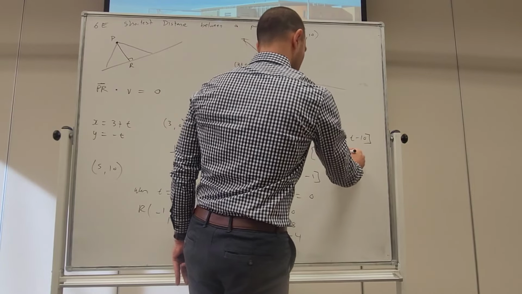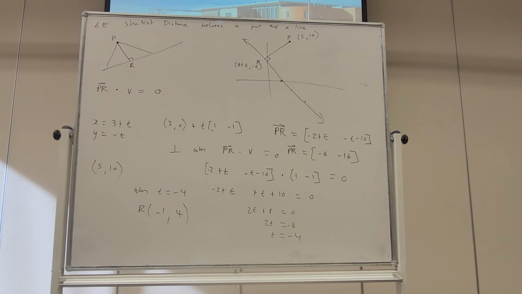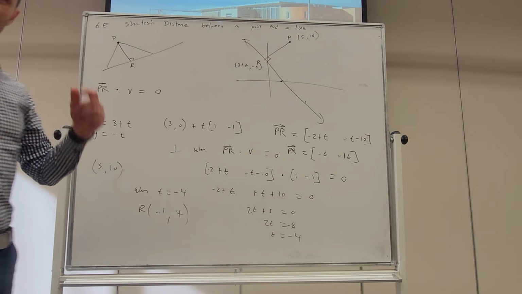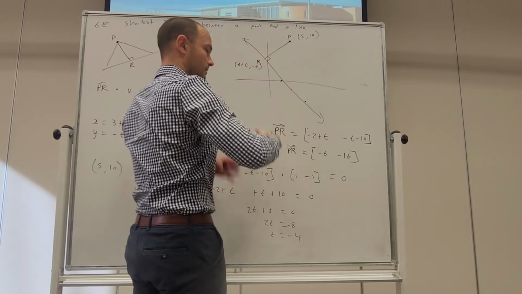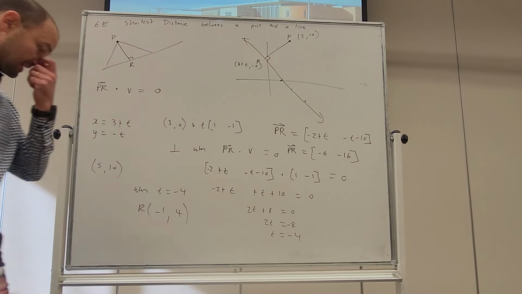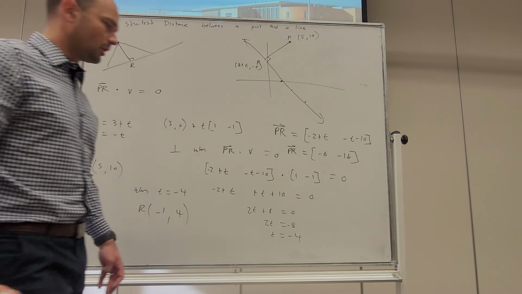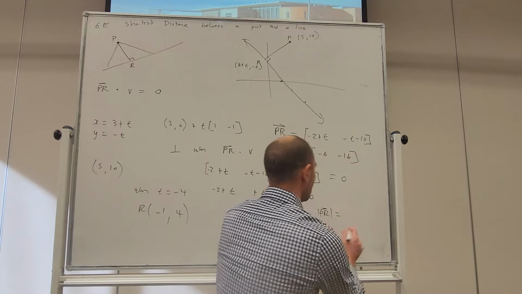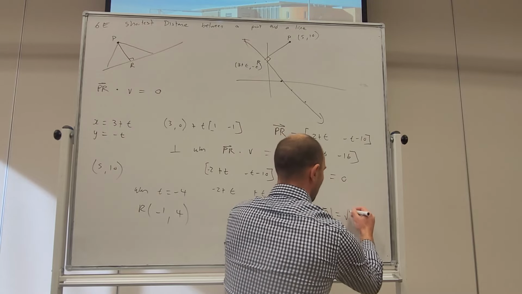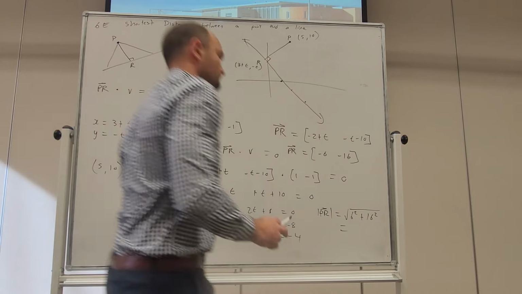And so what we're interested in is the shortest distance. That means what's the distance of PR? What is the modulus of vector PR? That's essentially what we're breaking it down to find here. So the modulus of PR, the shortest distance when they're perpendicular, will be the square root of 16 squared and 6 squared.